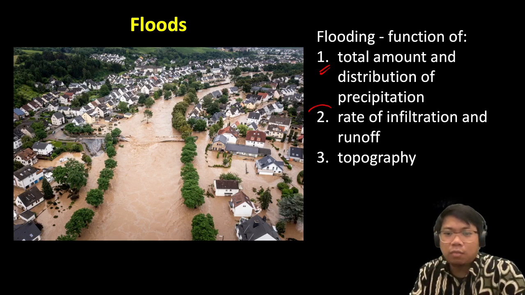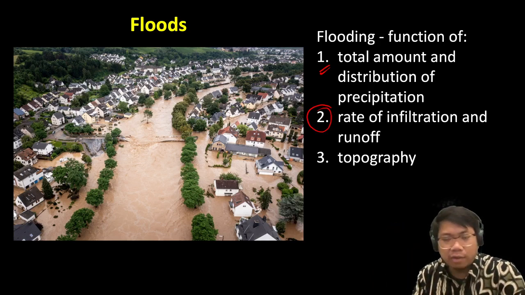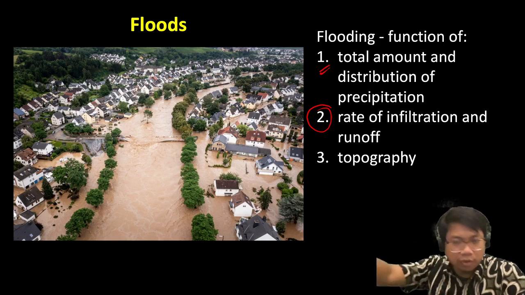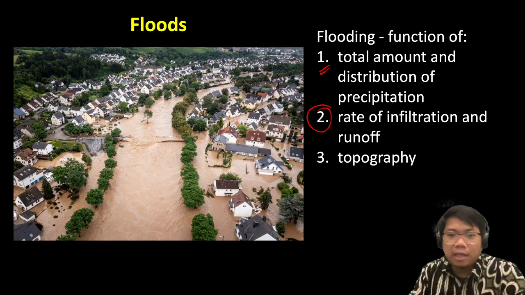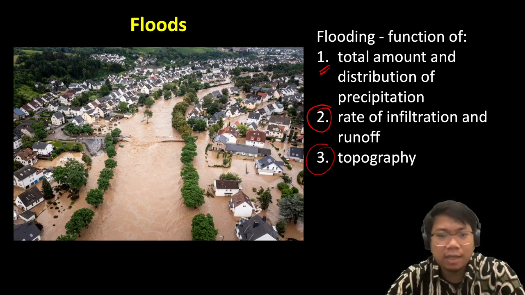The second one is the rate of infiltration and runoff, meaning how much water got into the ground and became part of the groundwater, and how much water goes on the surface of the earth. The last one is topography, which also plays such an important role, and we'll see that in the next few slides.